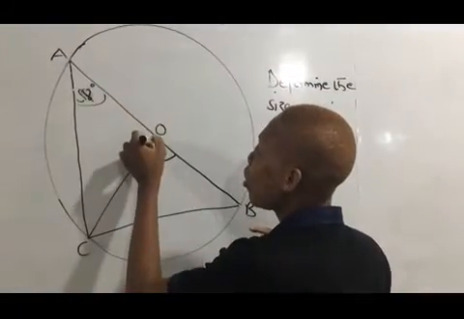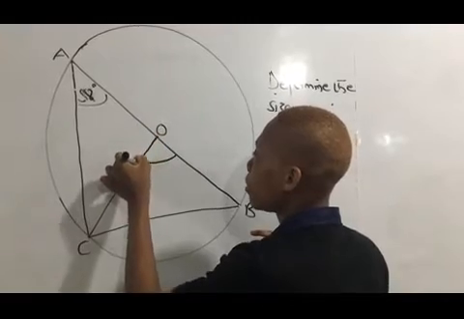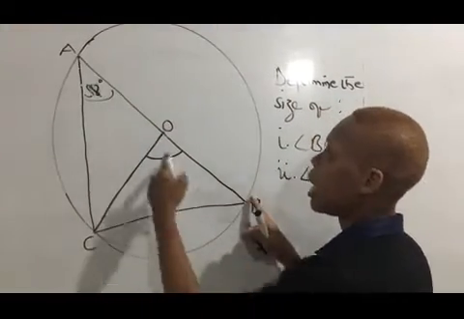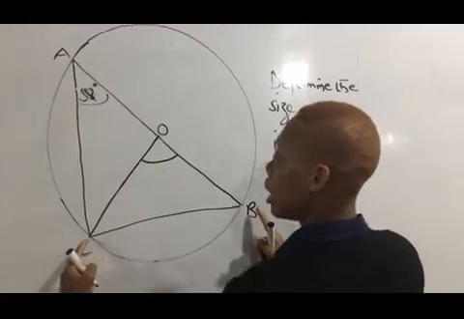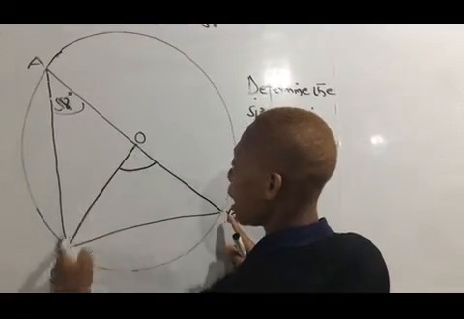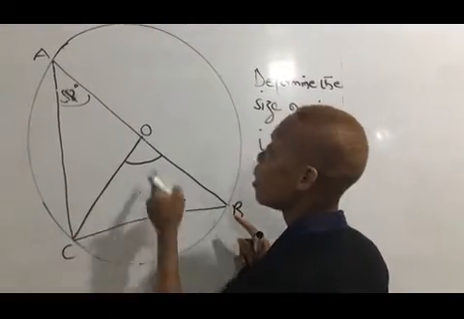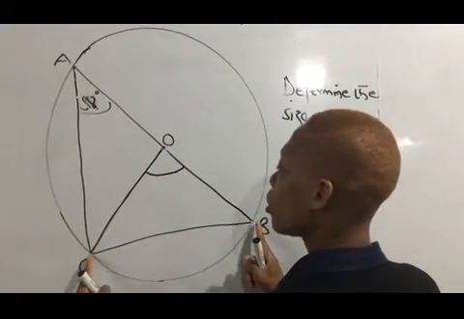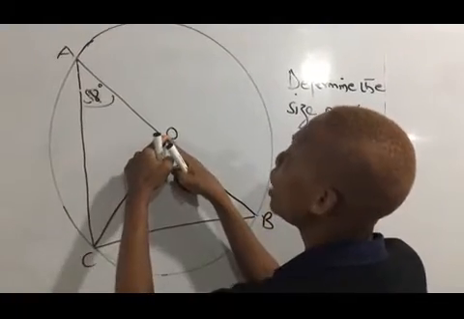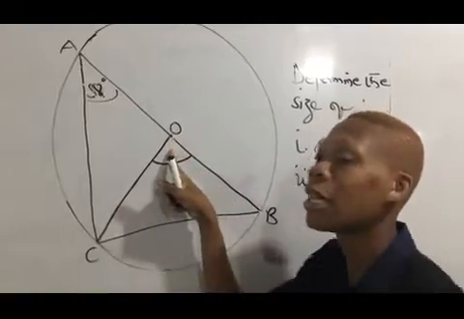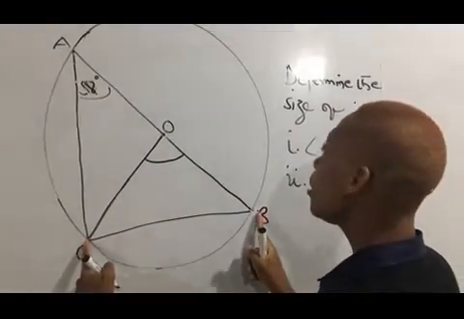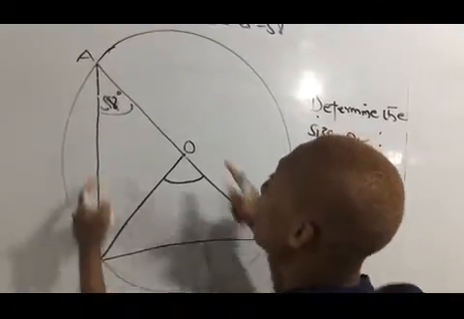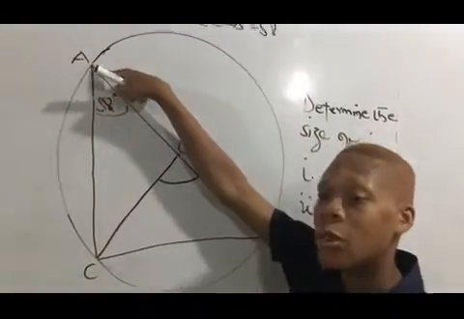If you look at the angle O, these two lines, this line and then this, create the angle at O. Now, you realize that this line has a connection with the point C, and this line also has a connection with the point B. So this chord CB here is holding angle O at the center. So chord CB is holding O at the center. The same chord CB is holding A at the circumference.